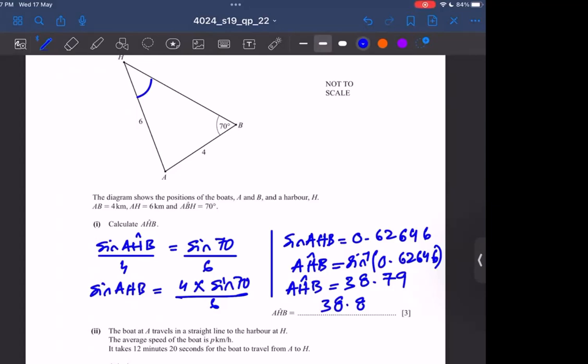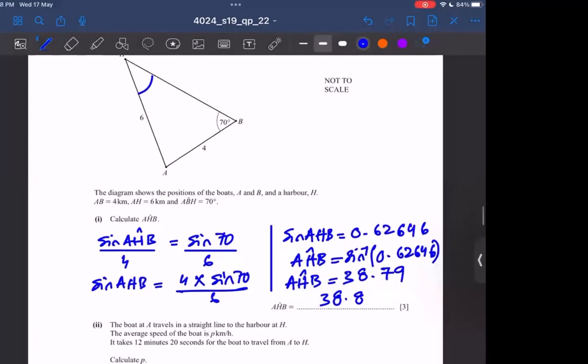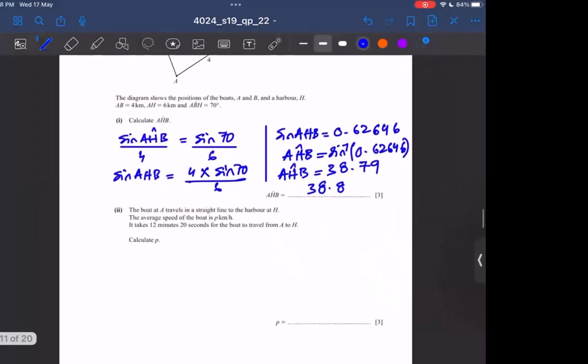Then we have: boat A travels in a straight line to the harbor at H. The average speed of the boat is p kilometers per hour. It takes 12 minutes 20 seconds for the boat to travel from A to H. Okay, calculate the value of p. So it's basically asking for the speed.